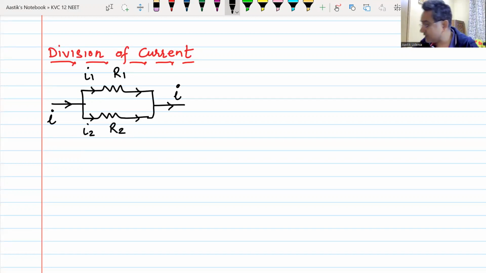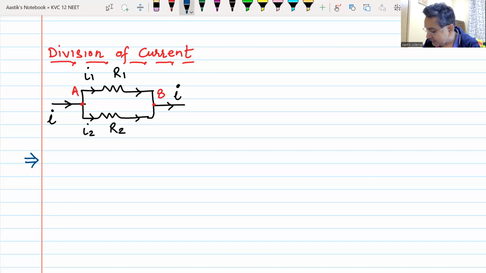Now, you must understand simple things, that if you take these 2 points, point A and point B, the potential difference between A and B, whether you go in the upper branch or the lower branch, would be same.